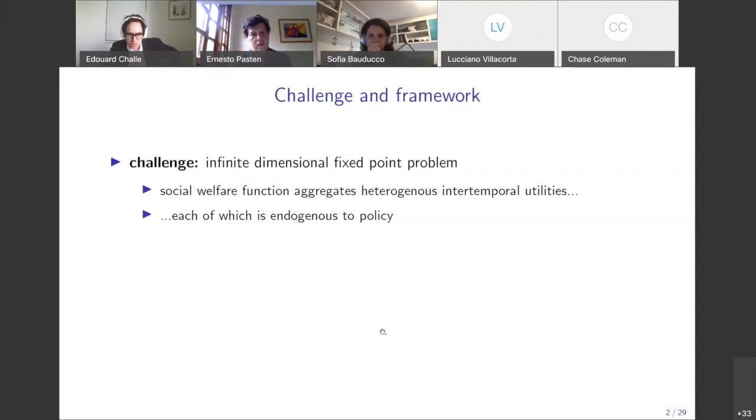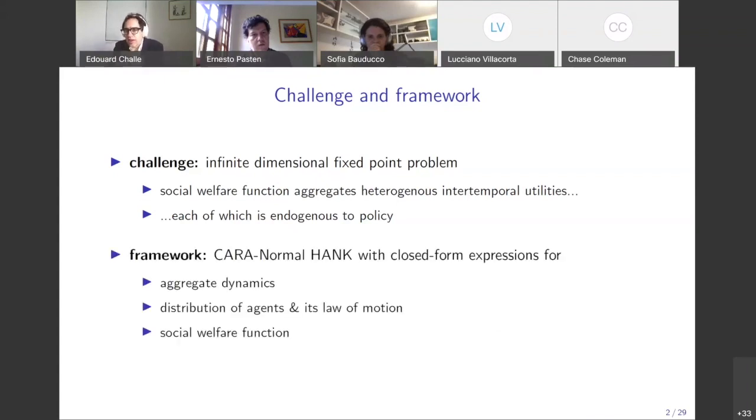Some numerical methods are currently being developed to tackle this challenge. We're taking a completely different route. We're trying to solve this fixed point in closed form, essentially.